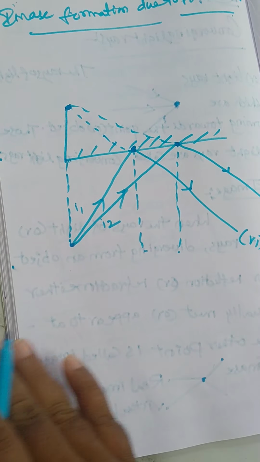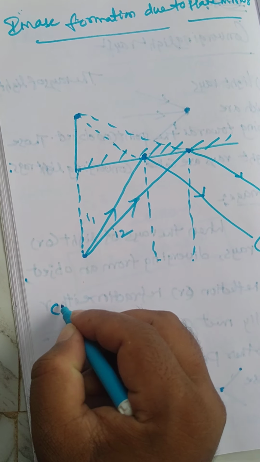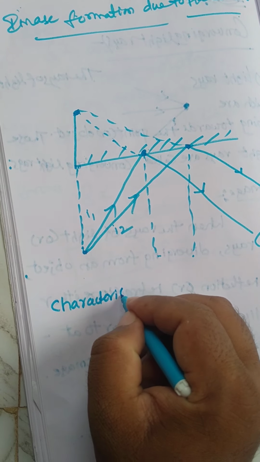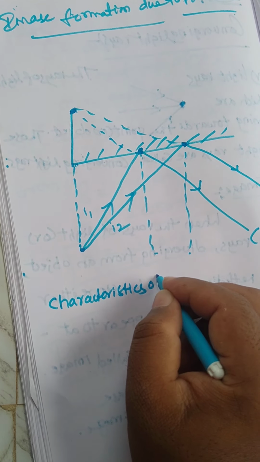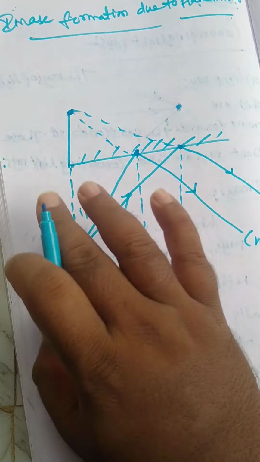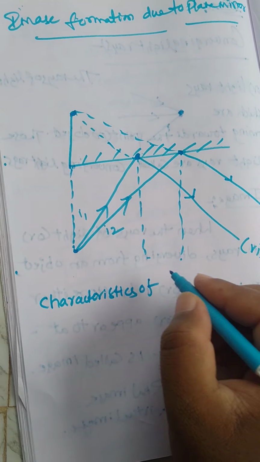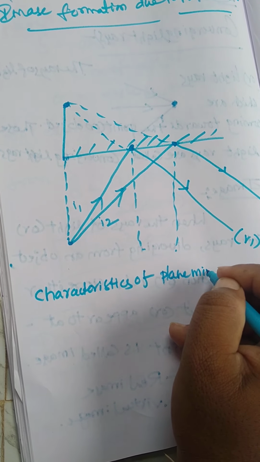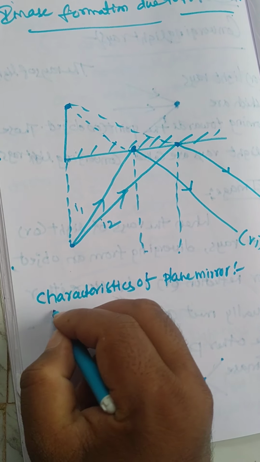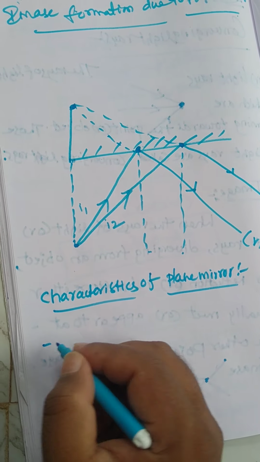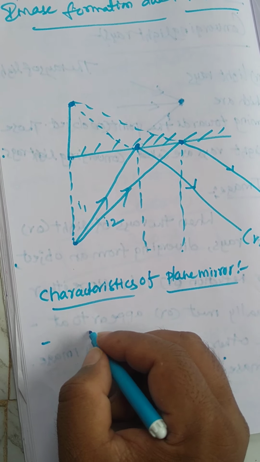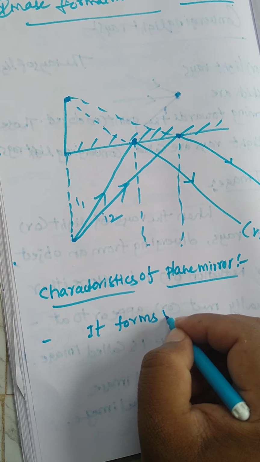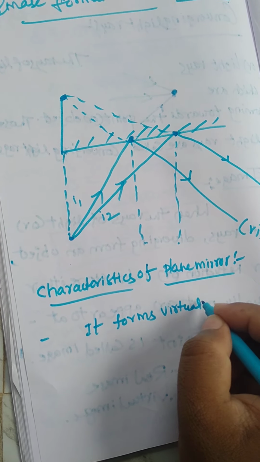Now I want to write the characteristics. You can draw this diagram in your notebook clearly. Characteristics of a plane mirror: it forms a virtual image.